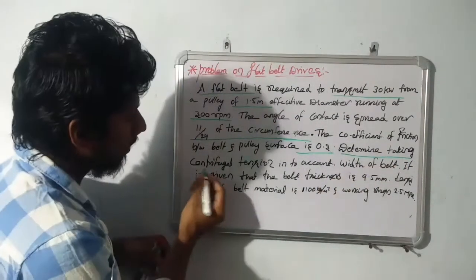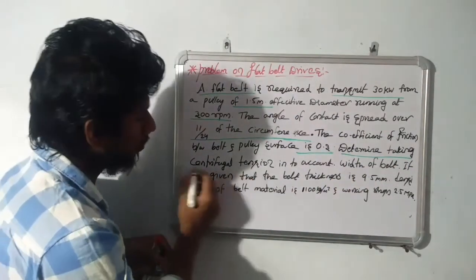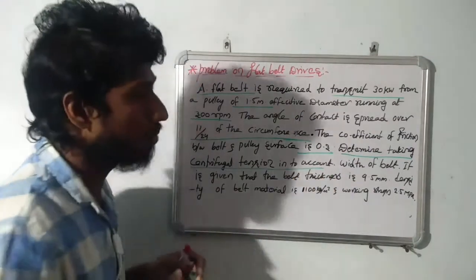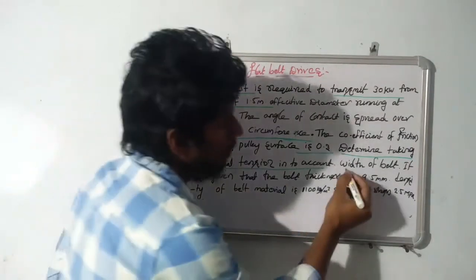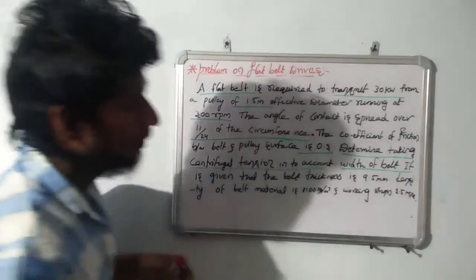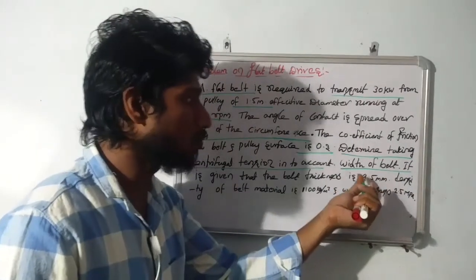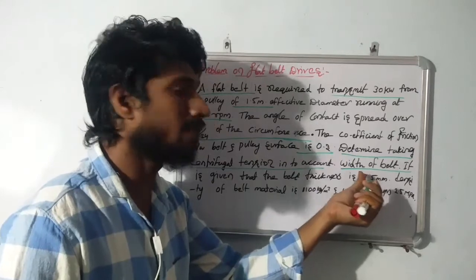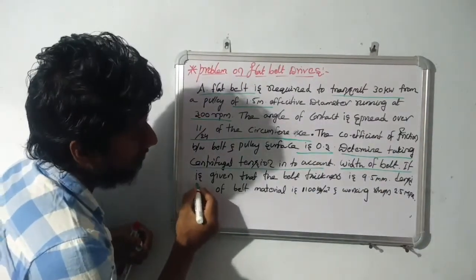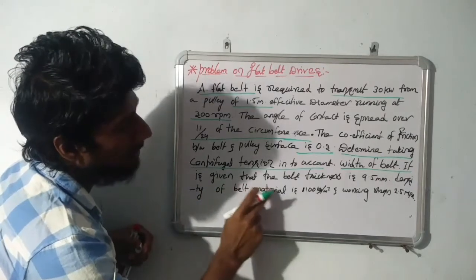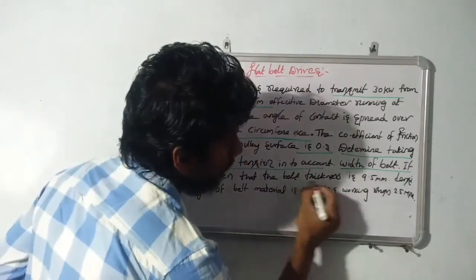Determine, taking the centrifugal tension into account. So here it is mandatory to consider the centrifugal tension also, and the width of the belt. So that is our aim in this problem. We are going to find out the width of the belt. It is given that the belt thickness is 9.5 mm.